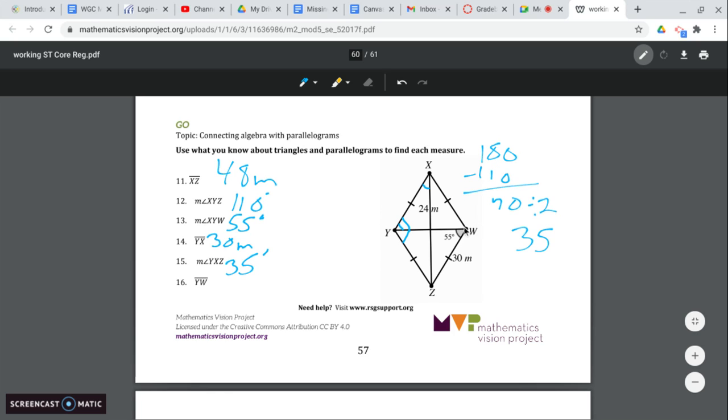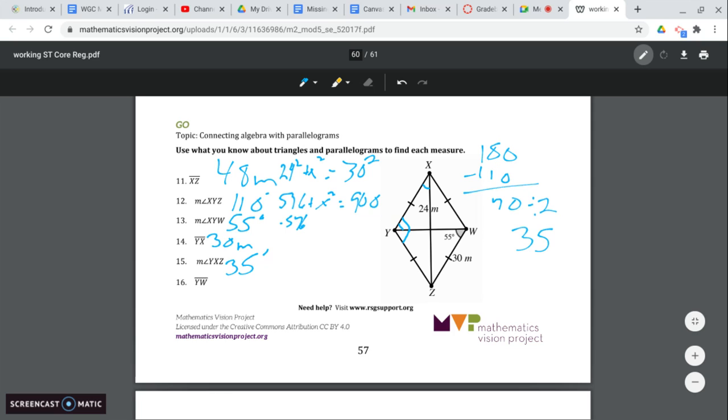All right, and the last part, we're looking at line YW, so that's this right here. In order to solve for that, we're going to use the Pythagorean theorem, and then we'll have to double our answer. 30 is our hypotenuse. So 30 squared equals 24 squared plus x squared. 24 squared is 576. 30 squared is 900.